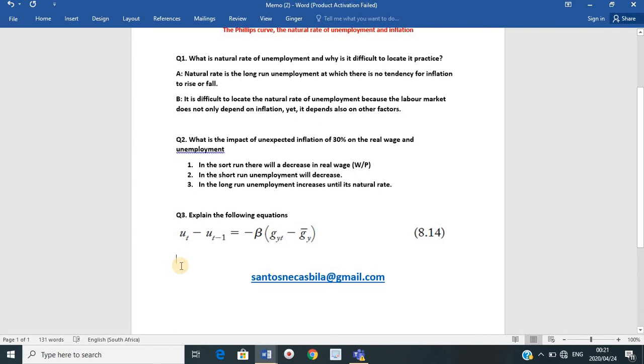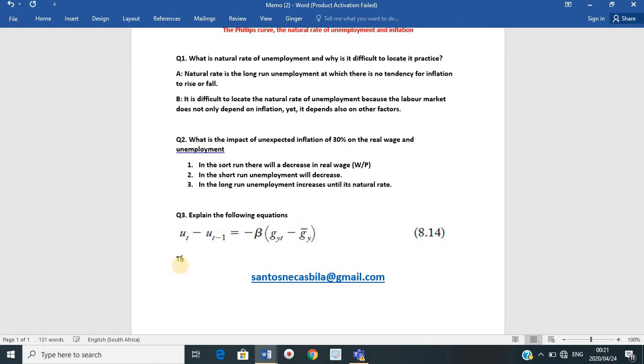So in this case, we can just say that this is the unemployment rate as a function of growth, and the natural rate of growth that is needed for the current population, all right.